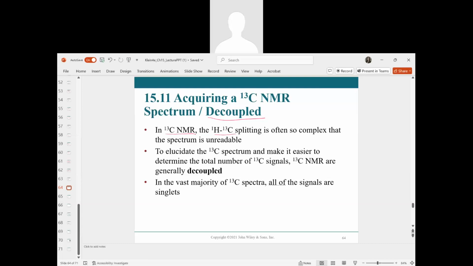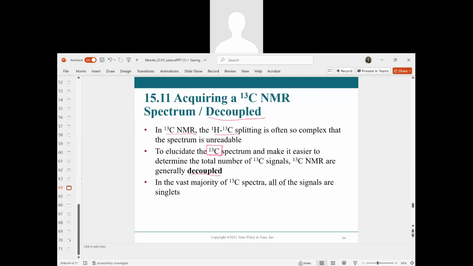And then when we have proton H1 carbon-13 coupling, we see splitting that can be so complex the spectrum would be unreadable. So they use this process of decoupling, where they use two different radio frequency transmitters: one that only activates and produces signals for carbon-13, and another radio frequency that produces all proton and carbon signals.